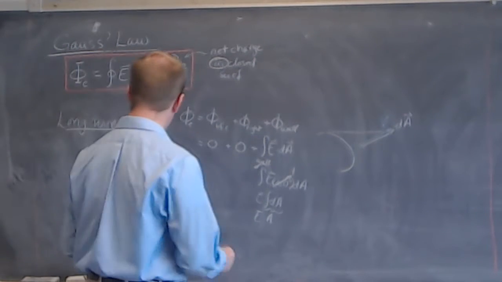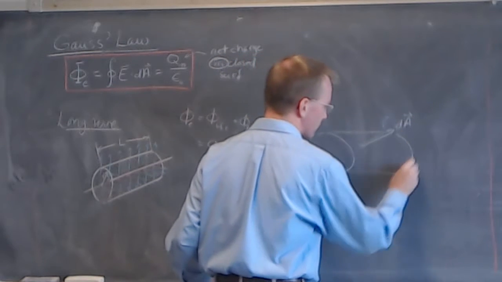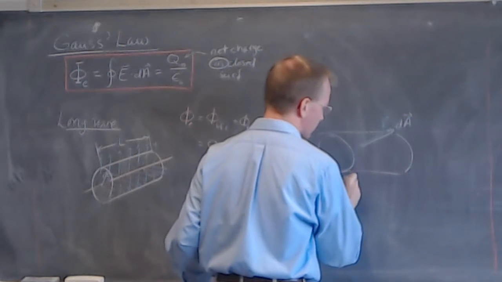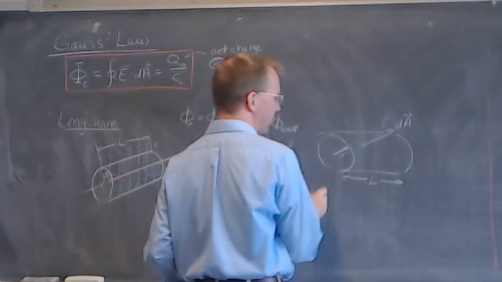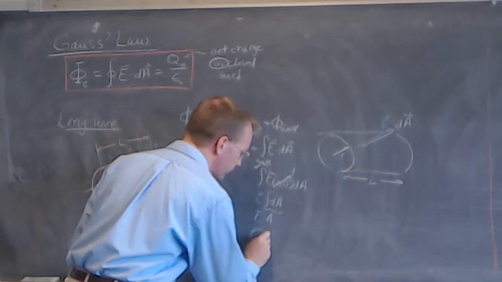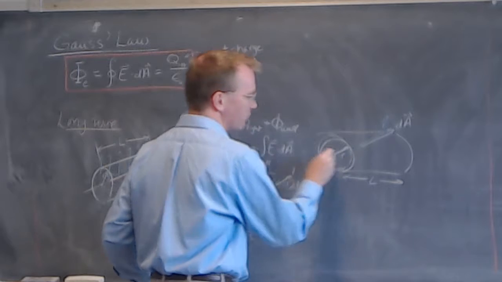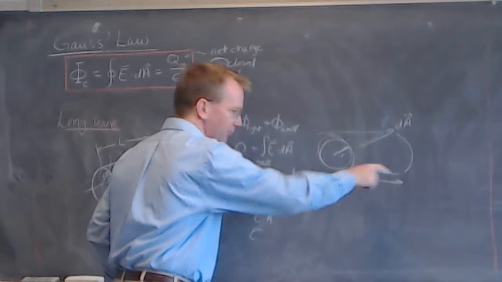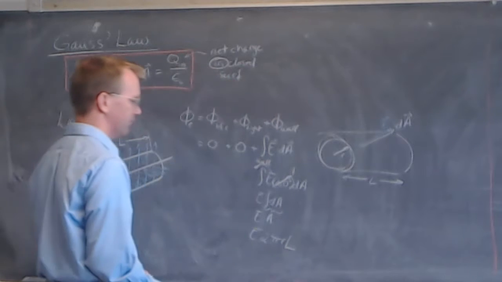The area of that wall has a length L and a radius R. The circumference of that circle is 2 pi r times the length, so I get E times 2 pi r L.